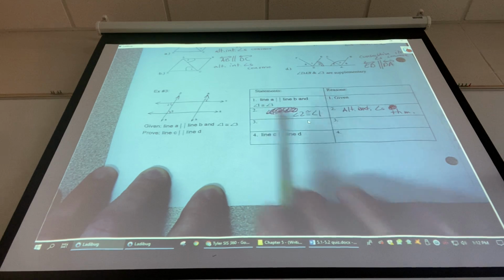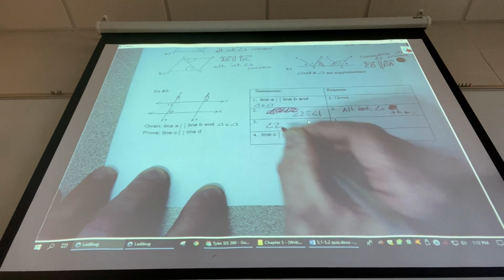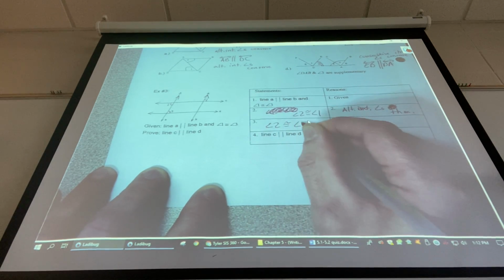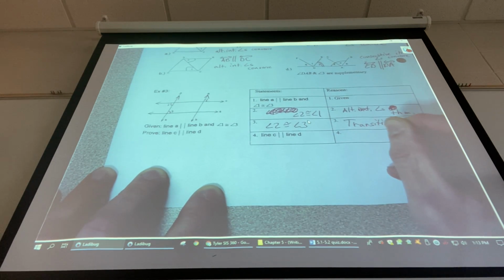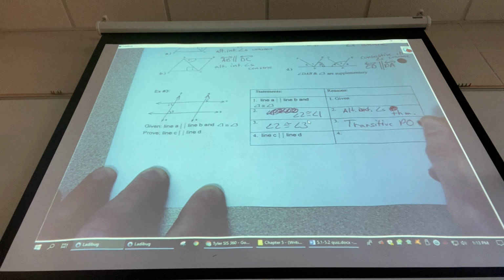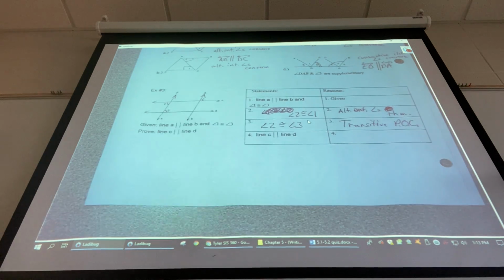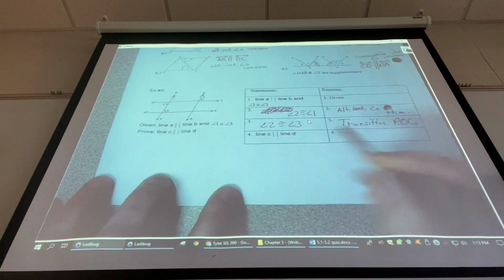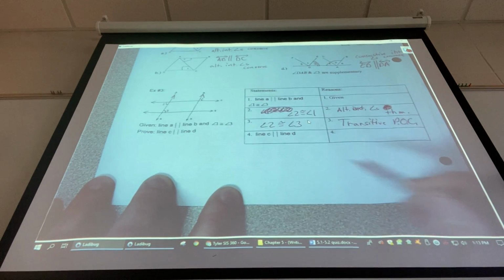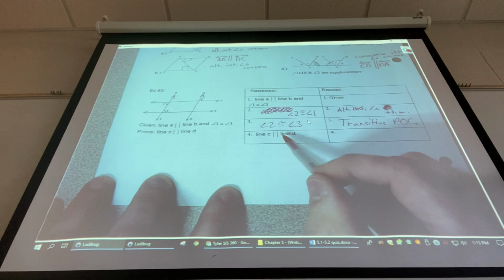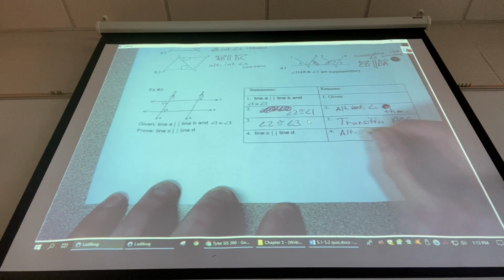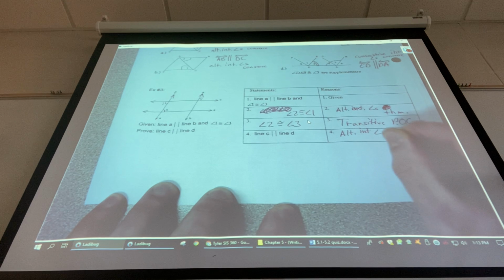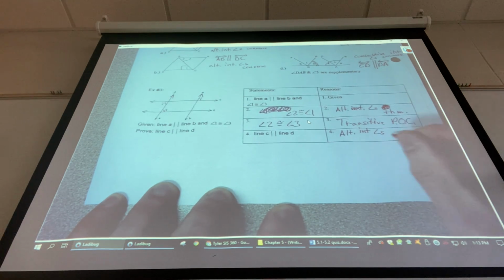By what reasoning? The transitive property of congruence. And now, because 2 is congruent to 3, we can say that line C is parallel to line D by the alternate interior angles converse.